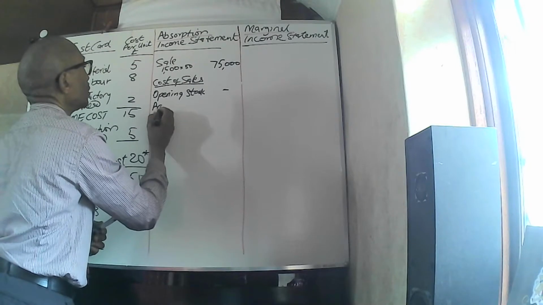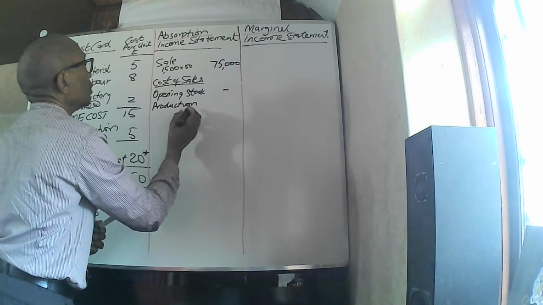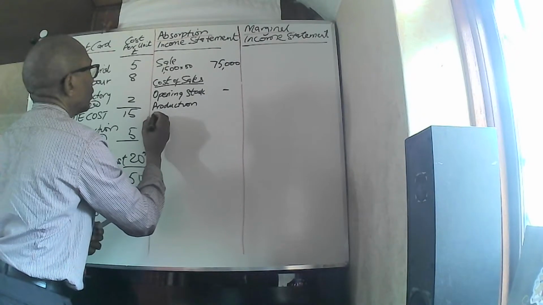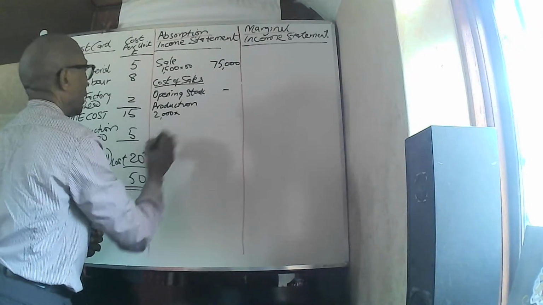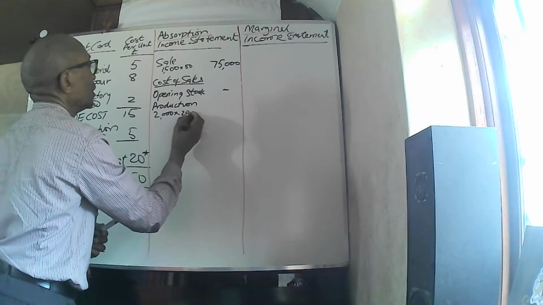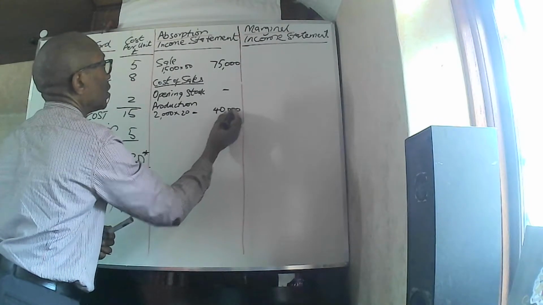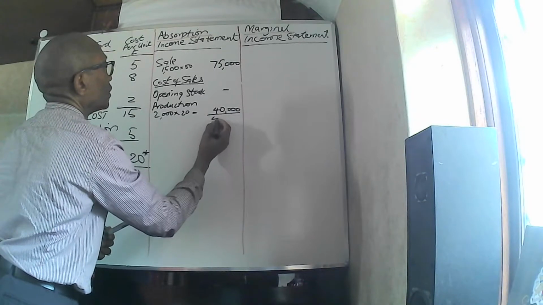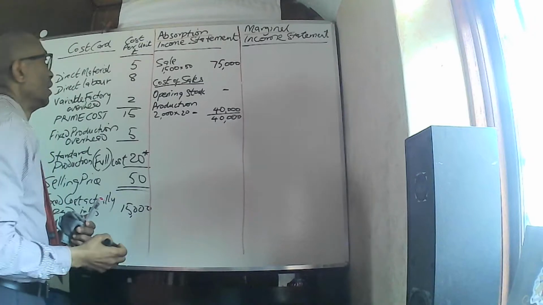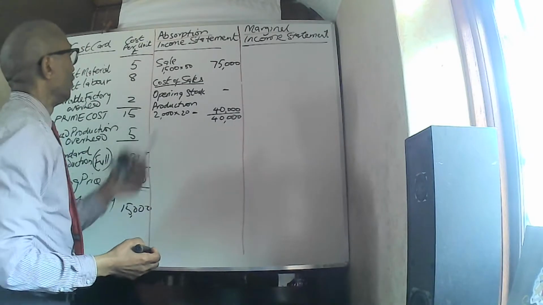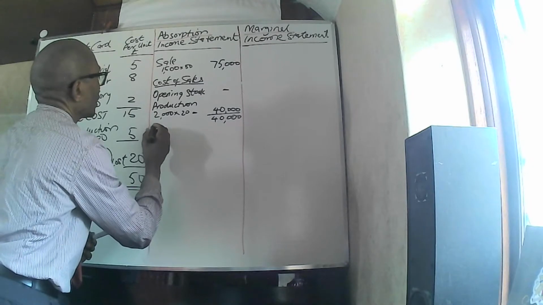Our production, we are told that 2,000 units was produced, 2,000 units at £20 per unit equals 40,000. Now total 40,000. But we only sold 1,500, meaning that closing stock is 500. Let's close the stock then.